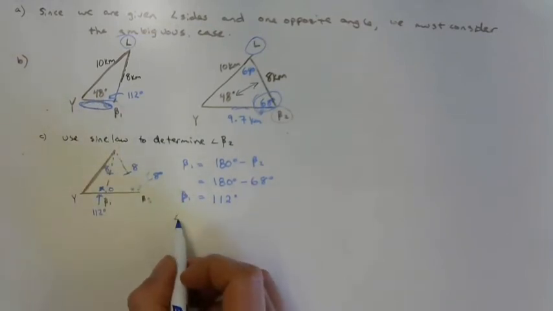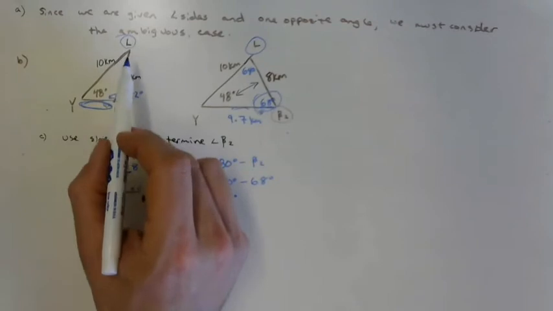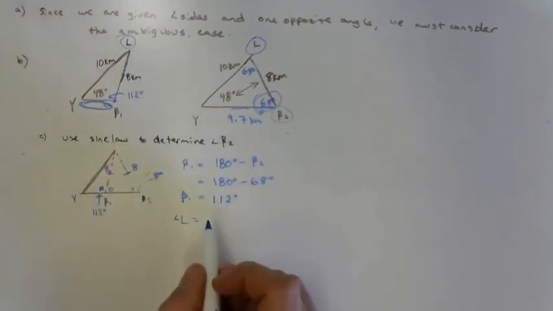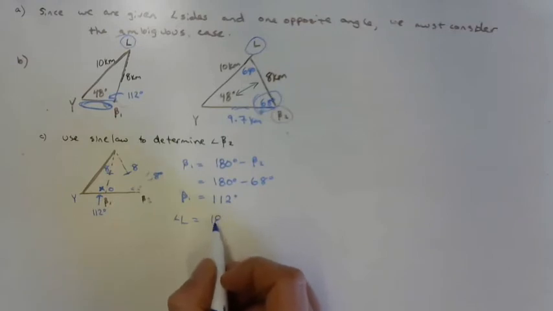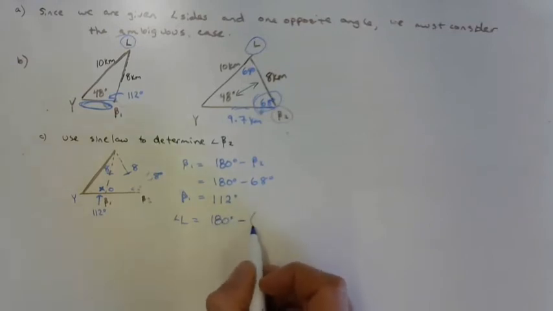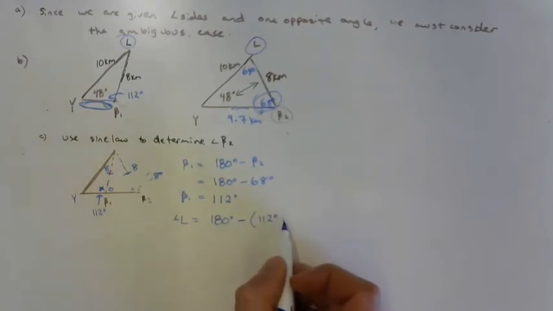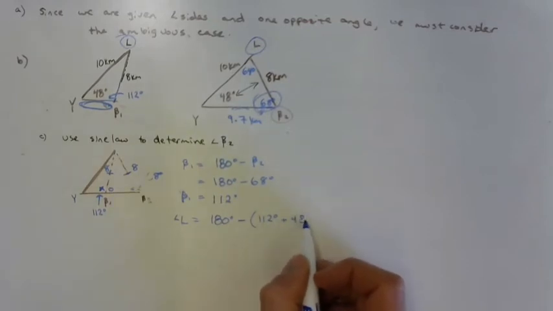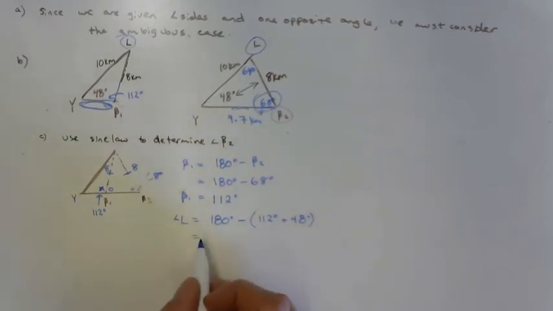You just subtract. Angle L, the lighthouse in this triangle, ends up being 180 minus the sum of 112 and 48. That's going to get us the third angle inside our triangle. It's 20 degrees.